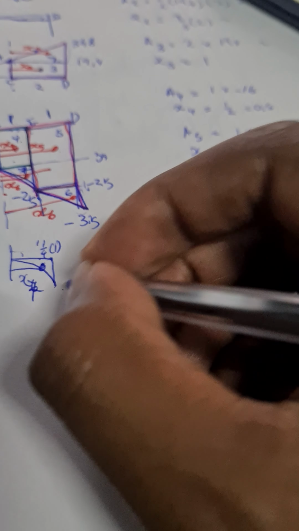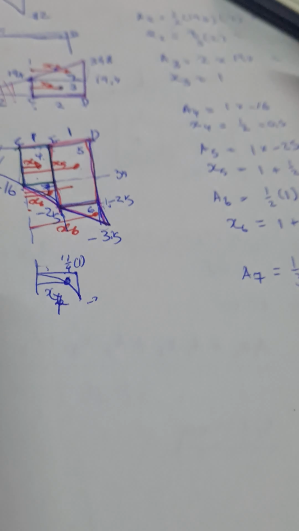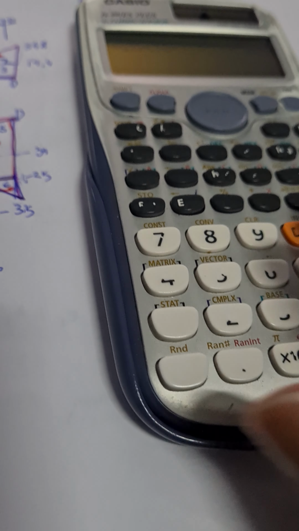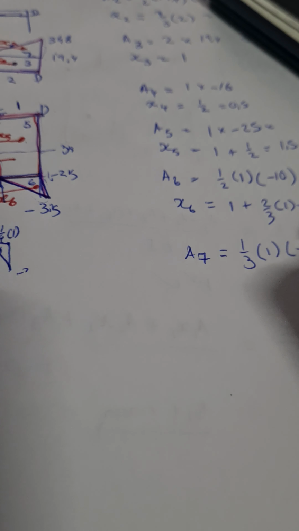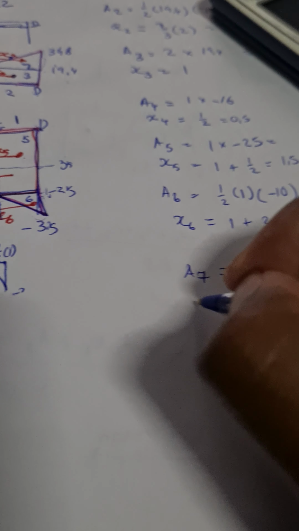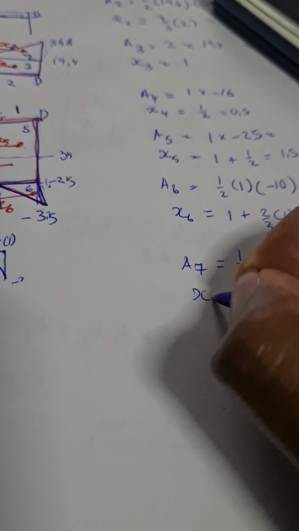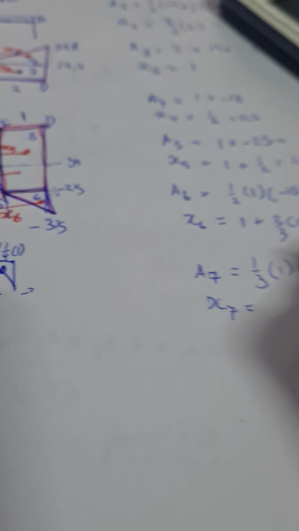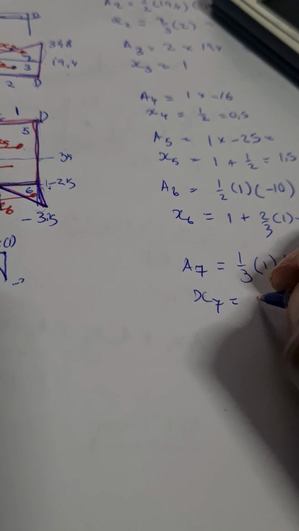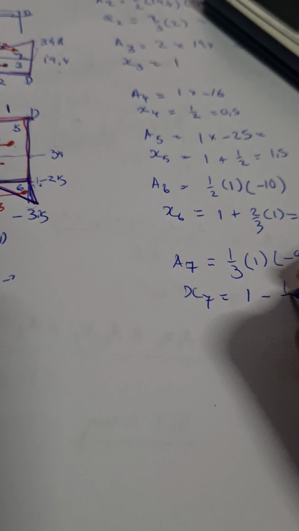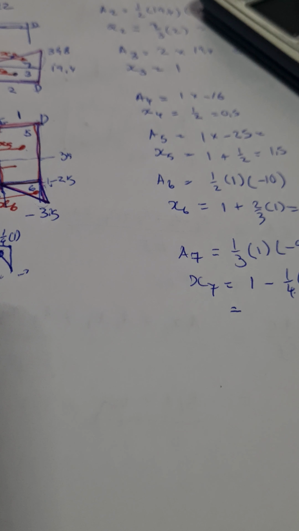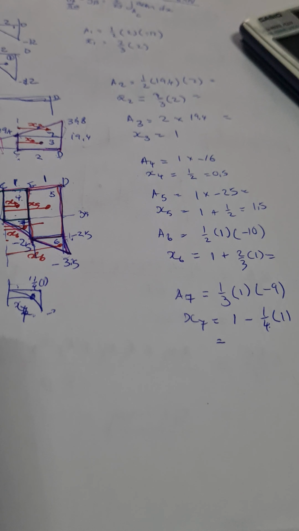What is my height? Minus 25 plus 16, it's 9, minus 9. Then the x7 is what? We say 1 minus 1 over 4 times 1. Remember, this is a parabola, right?